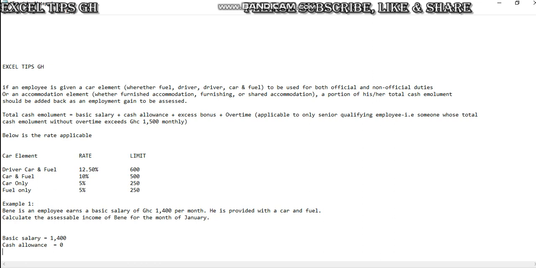The only information available is basic salary. So our total cash emolument becomes the 1,400.